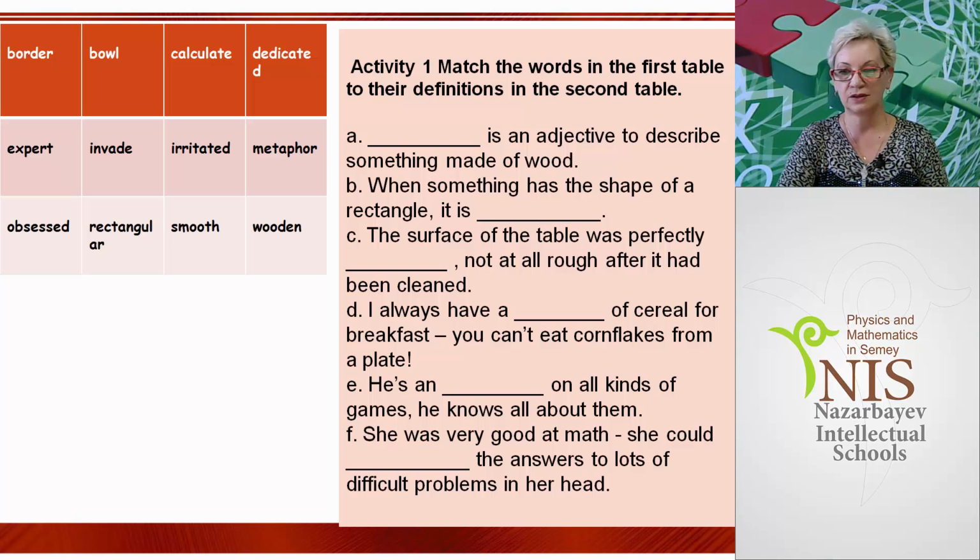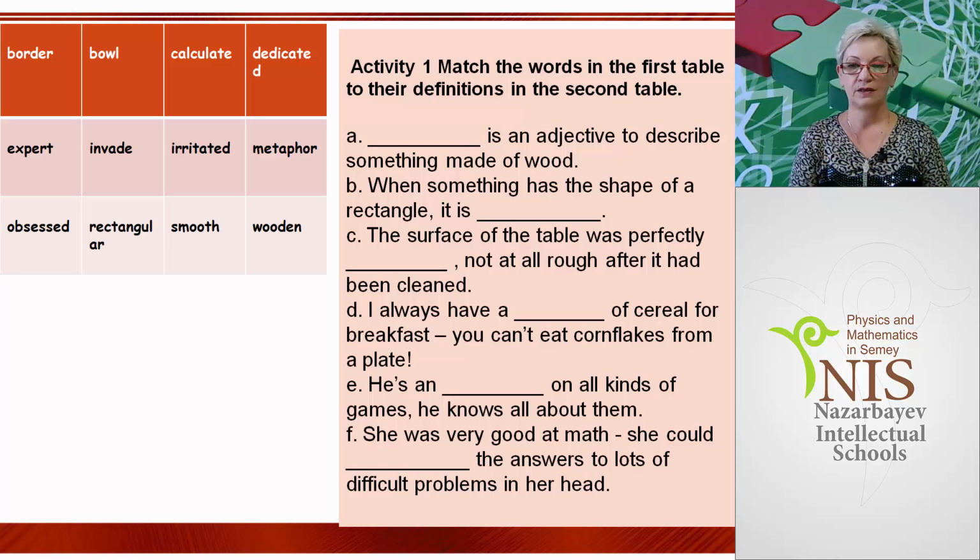And on the right you will see the exercise. Your task, while I read the sentences, is to put in words from the left side. All in all, match the words in the first table to the definitions in the second table.